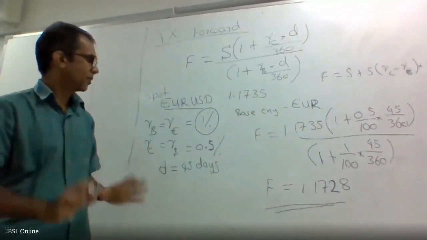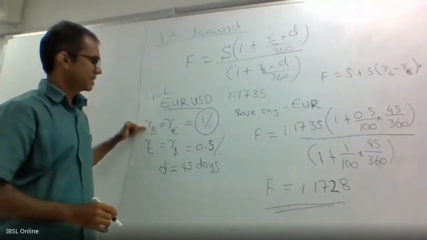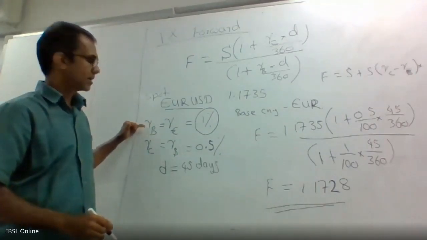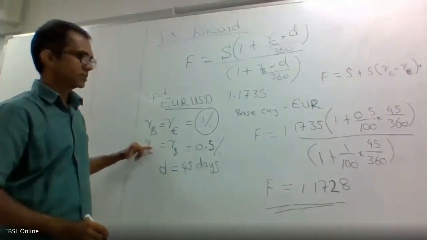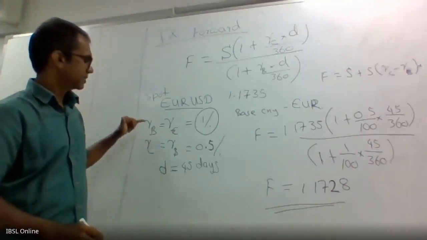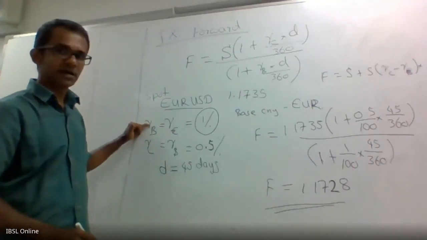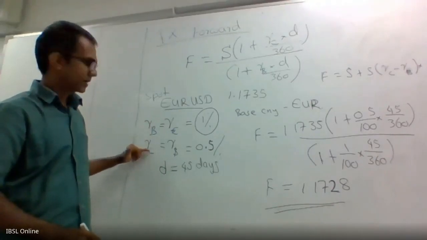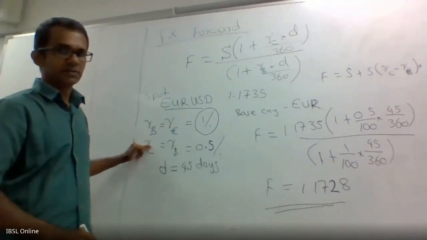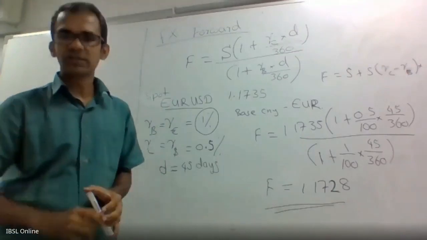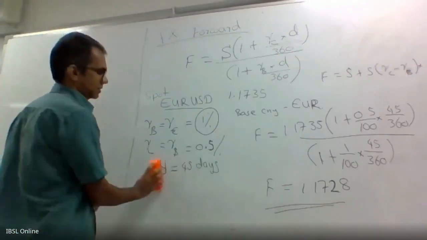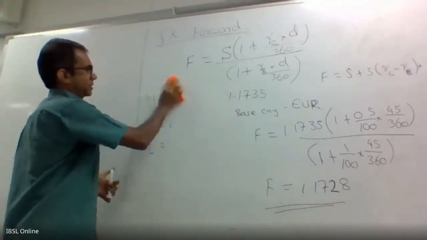The forward rate is lower than the spot rate. That happens only when the base currency interest rate is higher than the counter currency. When the interest rate of the base currency is higher than the interest rate of the counter currency, the forward rate is smaller than the spot rate.